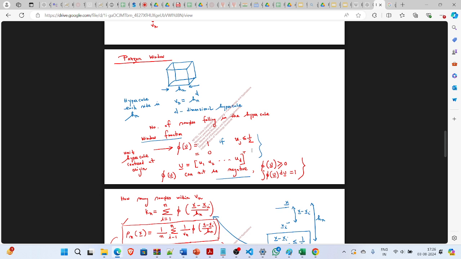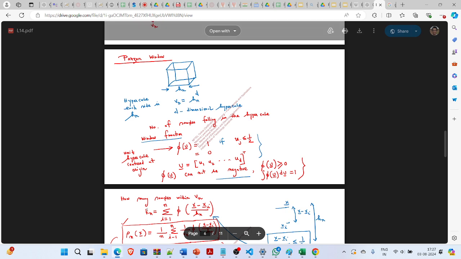So what is u here actually? u is this ratio, x minus x bar, where x bar is a vector, the point of consideration, and x underline i is all the rest of the points. If this ratio is less than or equal to half, it will be 1, otherwise 0. That is how we get the kn value.